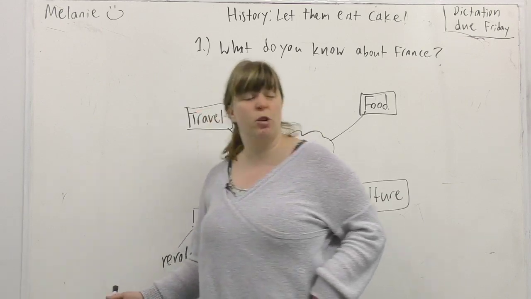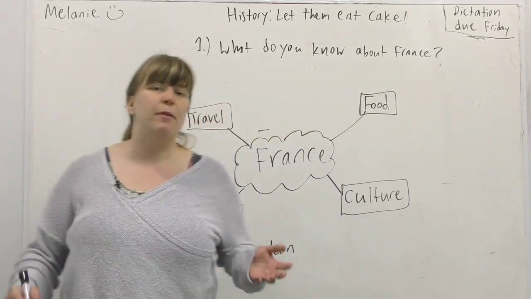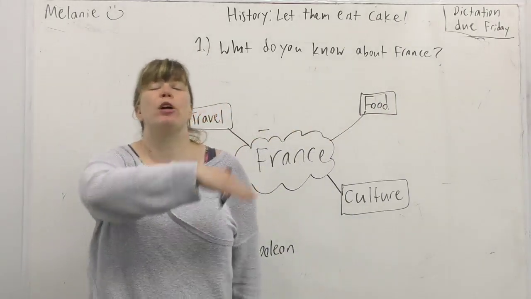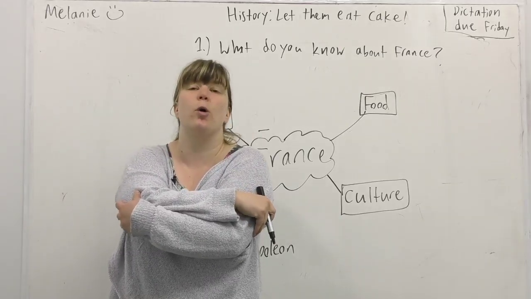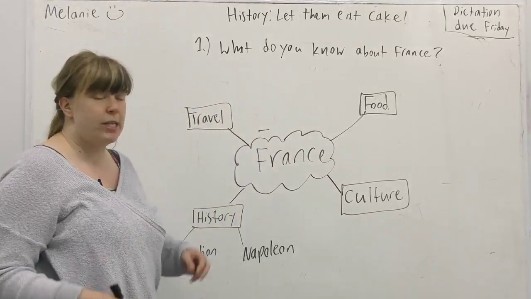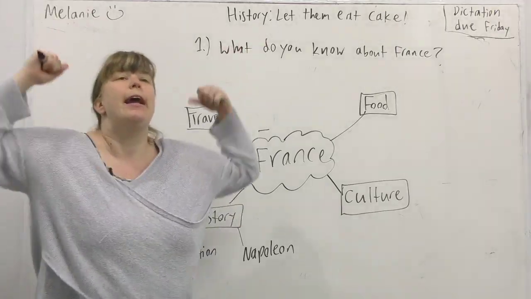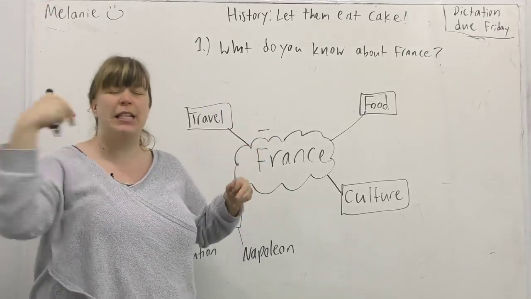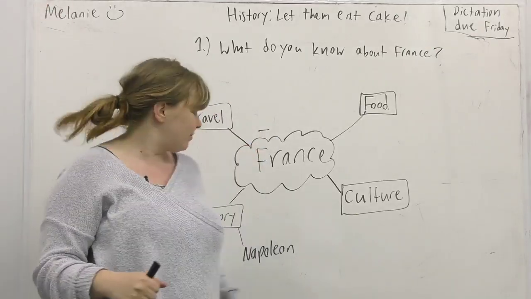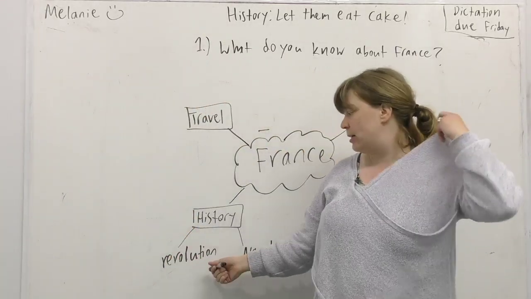Maybe you know what revolution is, but basically revolutions happen when the greater populace, citizens, are not happy with the way things are going. So they go to the government or the king or queen or whoever's ruling the country, and they have a revolution. They're like, we want change. We don't like the way this country is being run. It's a little bit similar to activism or activist.